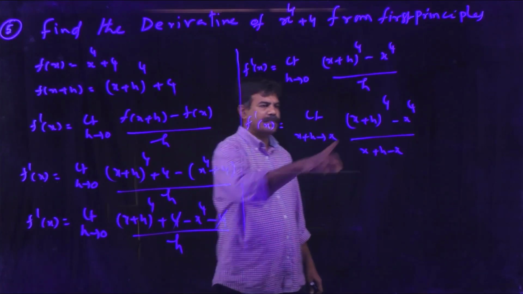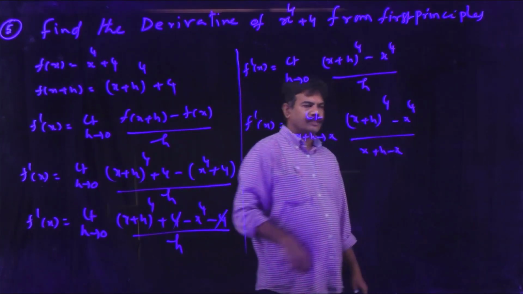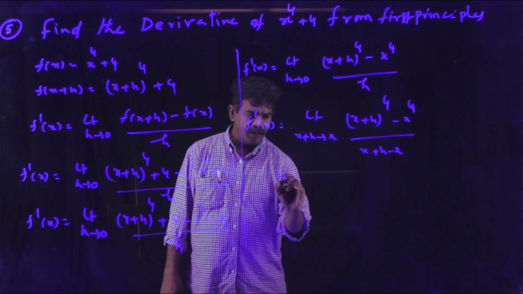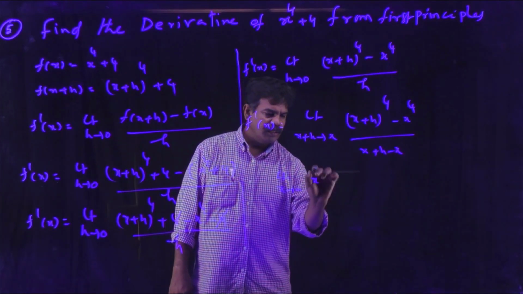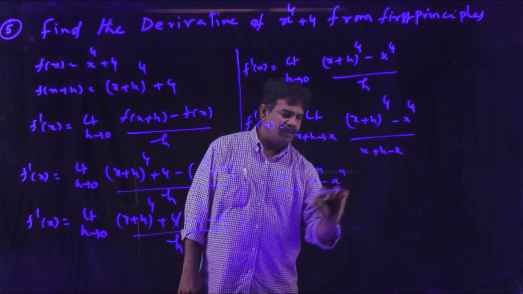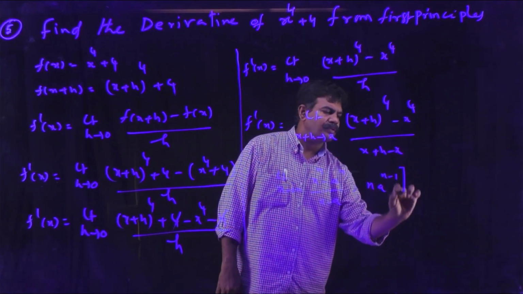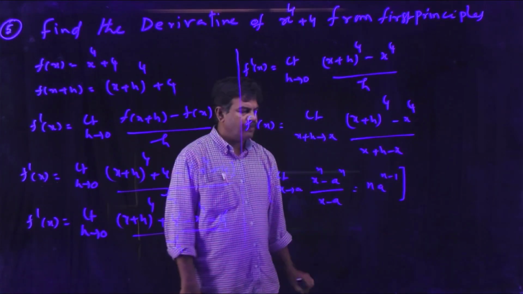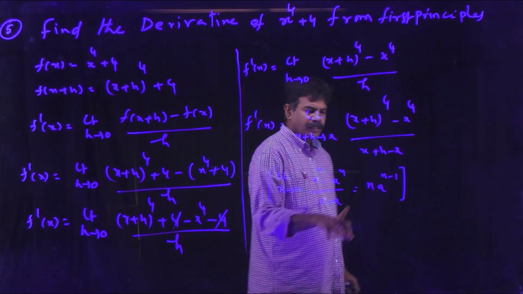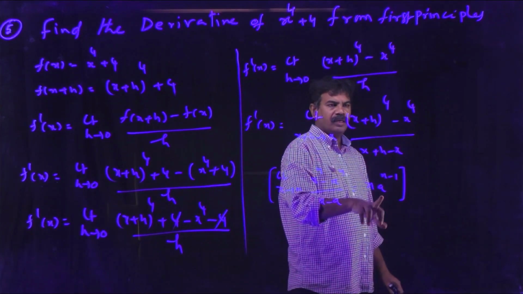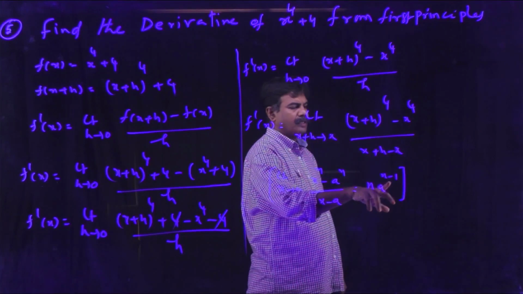Here x means x plus h, a means x. We have the formula limit x tends to a, x power n minus a power n by x minus a is equal to n into a power n minus 1. We use this formula here. Here n means 4, a means x, next n minus 1.